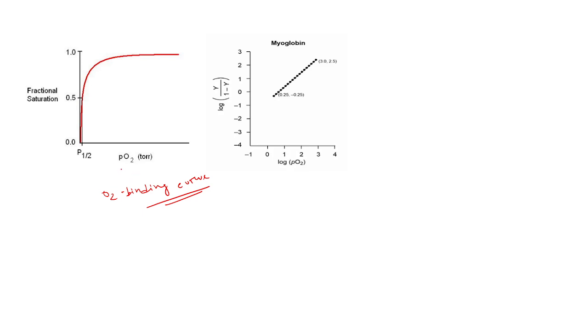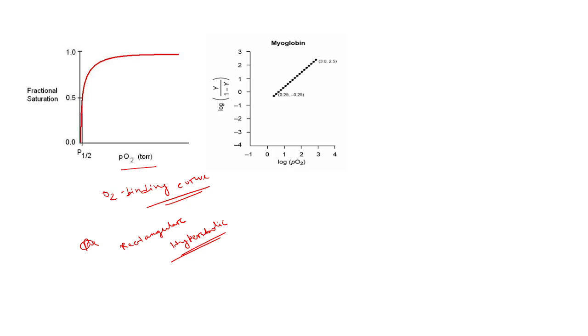That means here is the P, or the partial pressure of the oxygen, and this is the fractional saturation, or the saturation percentage. And this structure is called the rectangular hyperbolic.